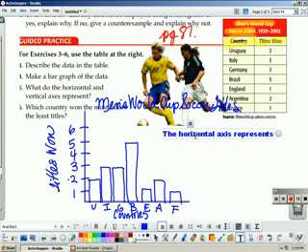All right. So the horizontal axis represents, you tell me, what does the horizontal represent? The countries.